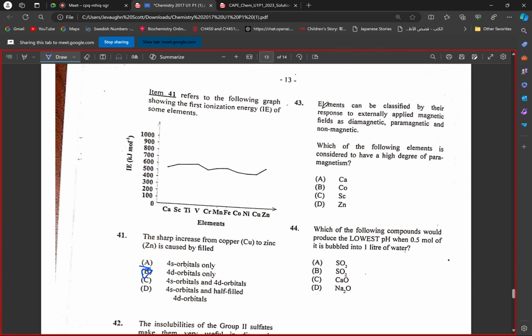43. Elements can be classified by the response to externally applied magnetic fields as diamagnetic, paramagnetic, and non-magnetic. Which of the following elements is considered to have the highest degree of paramagnetism? I went through this as well.